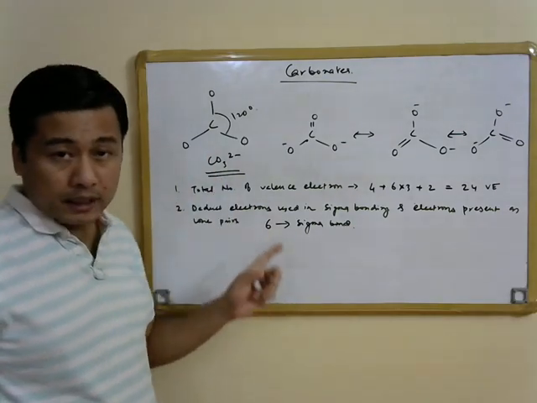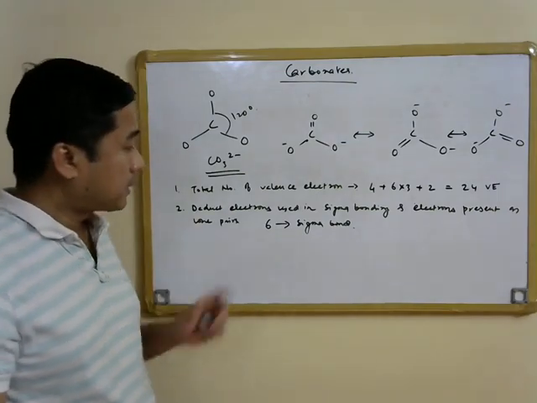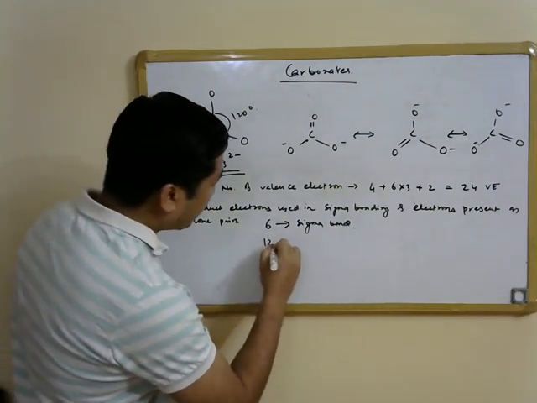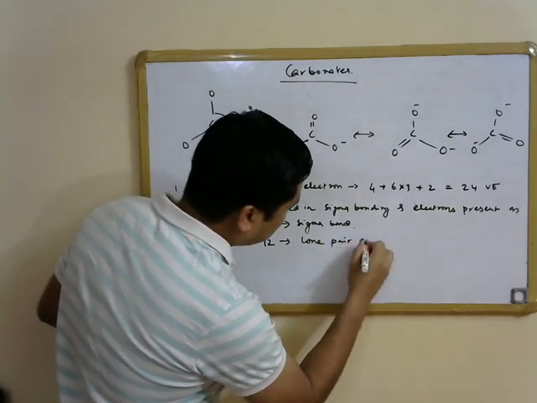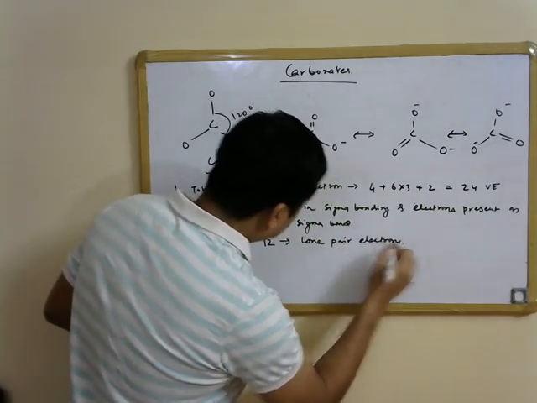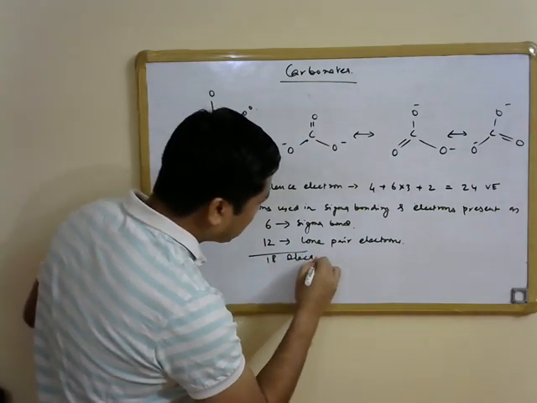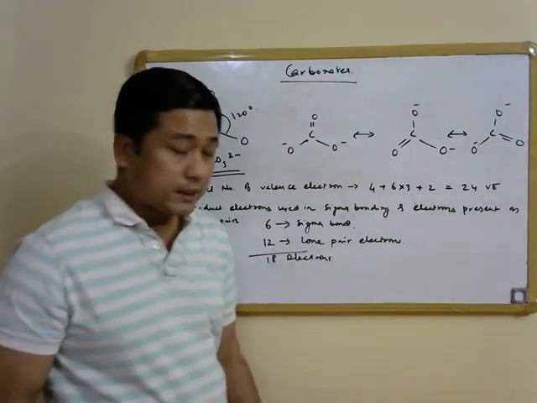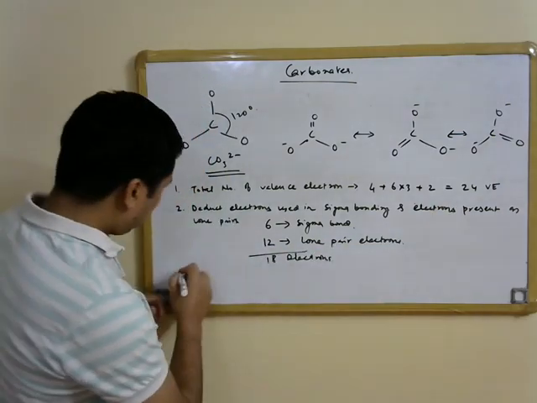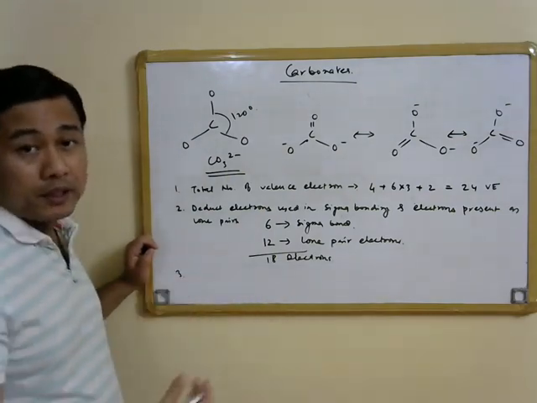There are 3 oxygen atoms, so a total of 6 lone pairs are present here, which is going to be equal to 12 lone pair electrons. So in total 18 electrons we have to deduct from the total valence electrons.